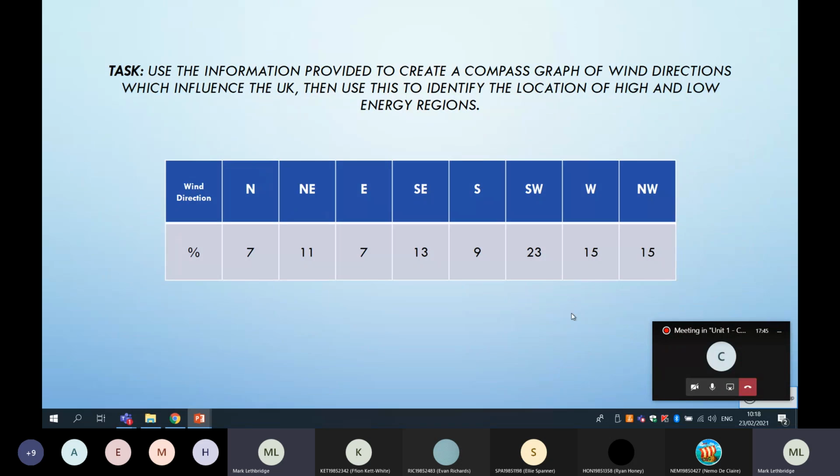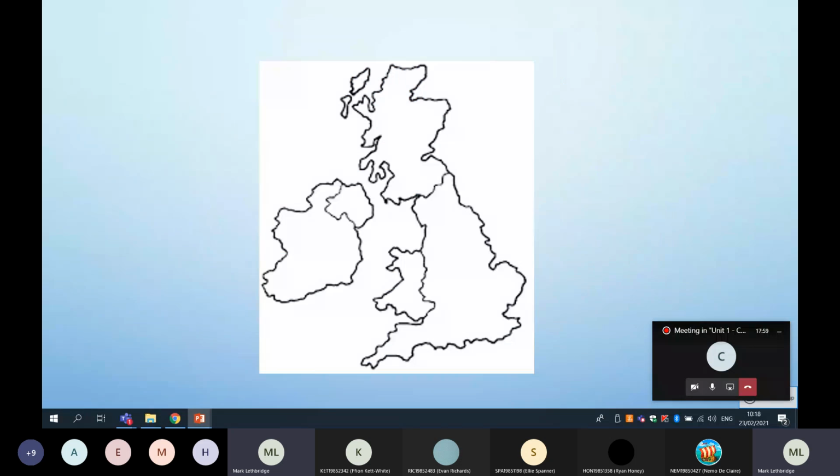What it does mean is that for the UK as a whole, our dominant wind direction is coming in from the southwest. As a result, our western and southern coastlines are going to bear the brunt of that wind.